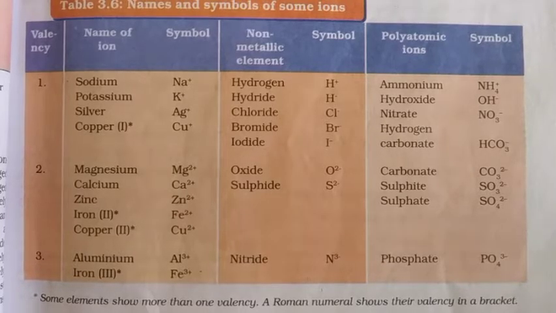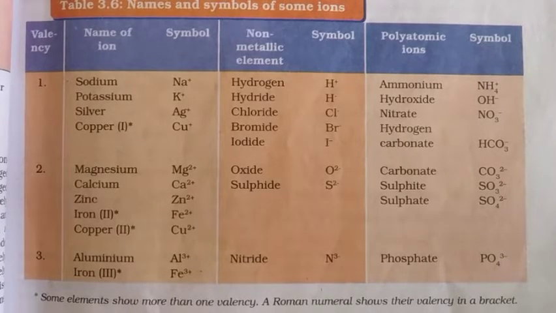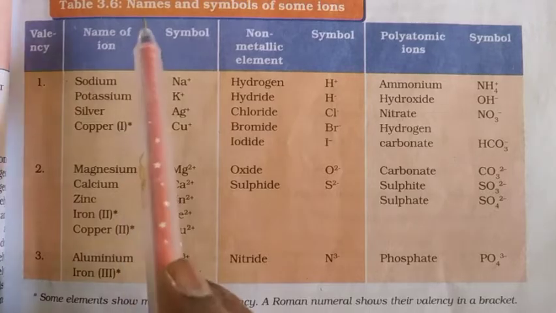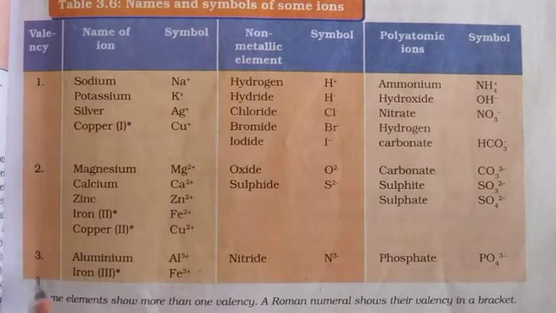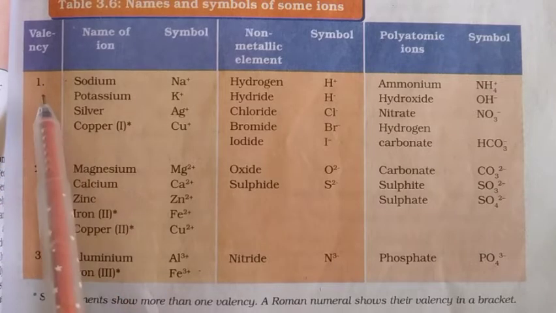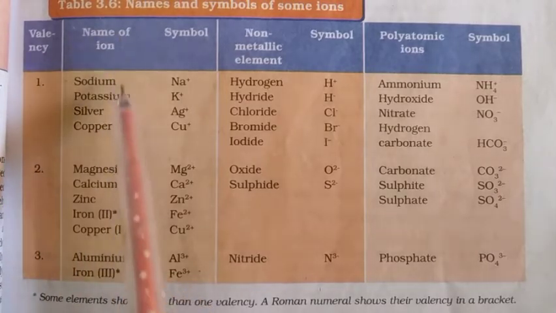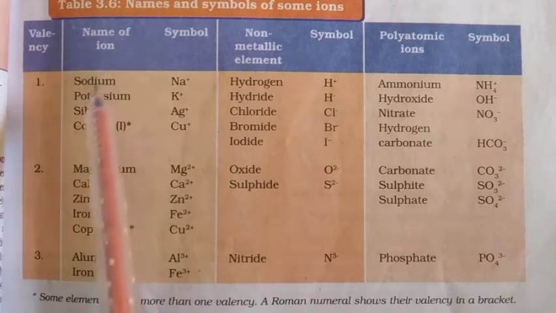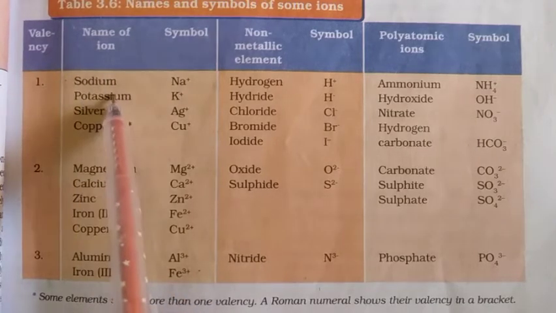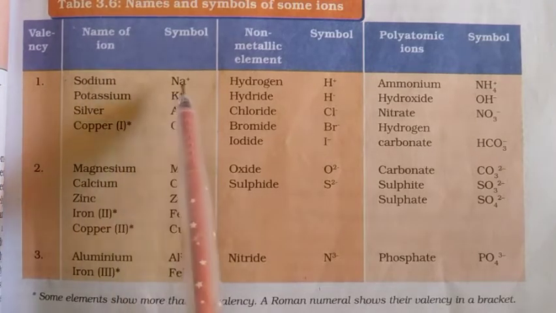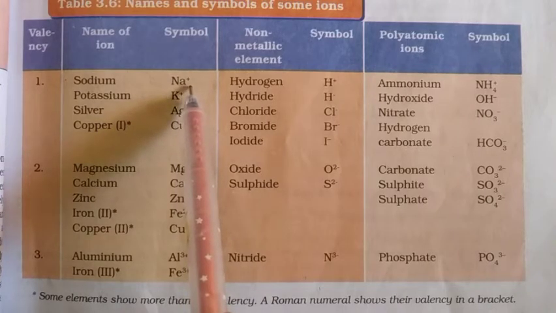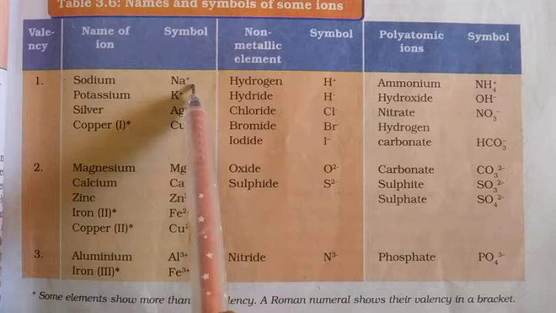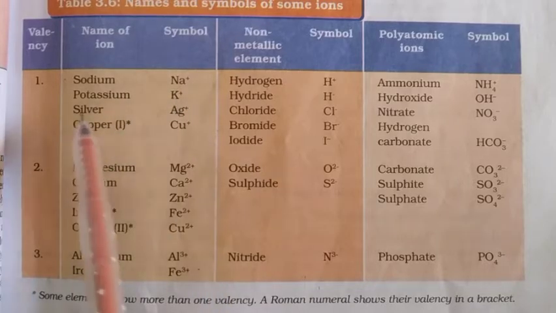Yes, children, look at this table. This table shows names and symbols of some ions, and valencies are given here. The valency of these ions is 1. Look at the name of the ion carefully. Sodium is a positively charged ion, Na plus. The cation is represented like this, Na plus.